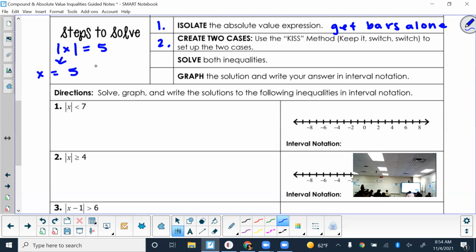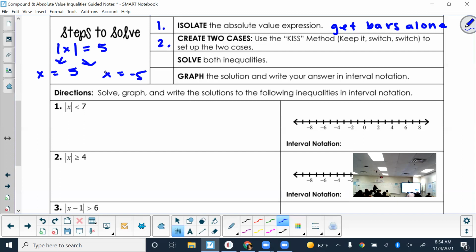So x could be positive 5, or x can be negative 5. Right? Because what do the absolute value bars tell you to do? It tells you to count how far away something is from 0. So how far away is 5 from 0? How far away is negative 5 from 0?